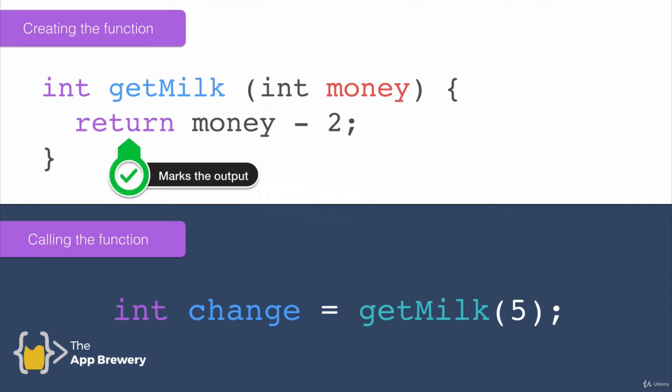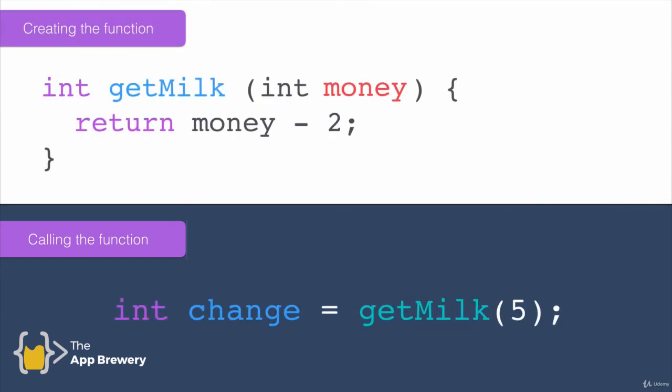So that keyword return marks whatever comes after it as the output of the function, and the int keyword at the beginning of our function tells us what is going to be the data type of the output of this function. So when we call the function, we can simply call it by its name, passing in any input if it takes any. And once that gets carried out, the result, or in this case, money minus 2, gets assigned to this variable. This is how the values would move through the function.